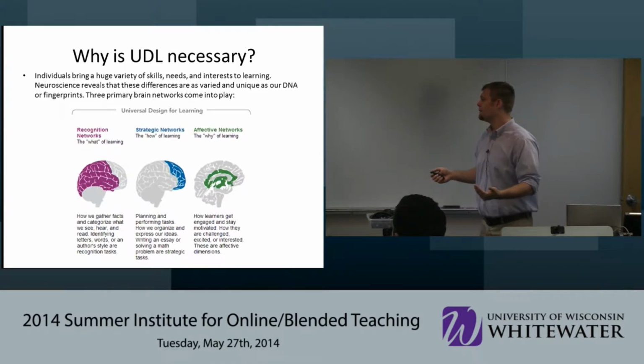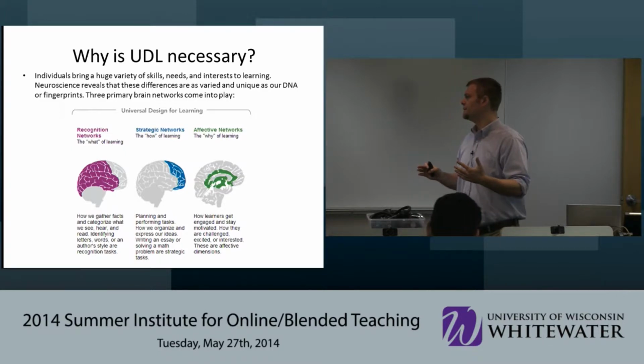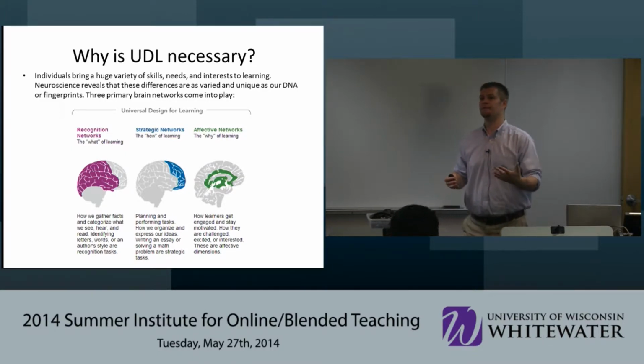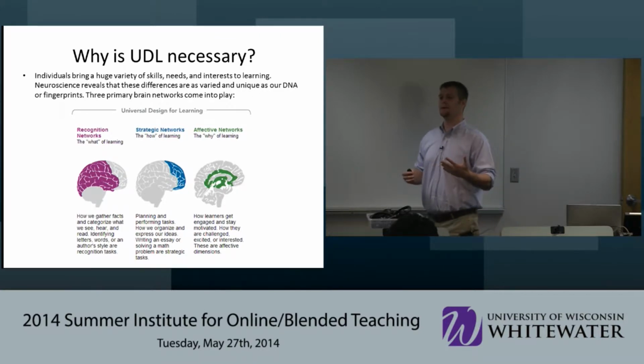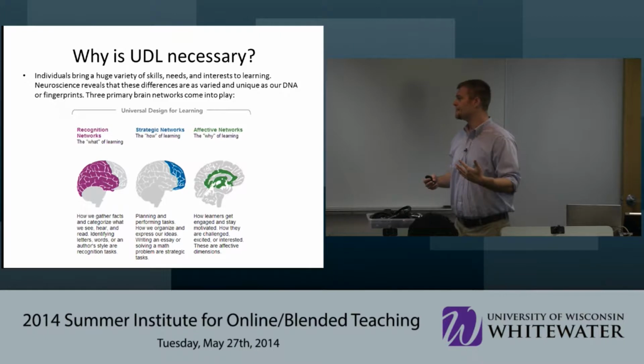So I know the video touched on this, but I really like looking at the design process and looking at the different networks of the what, the how, and the why of learning, and how our students can look at all of our lessons, all of our curriculum differently, and see where they get excited about learning.